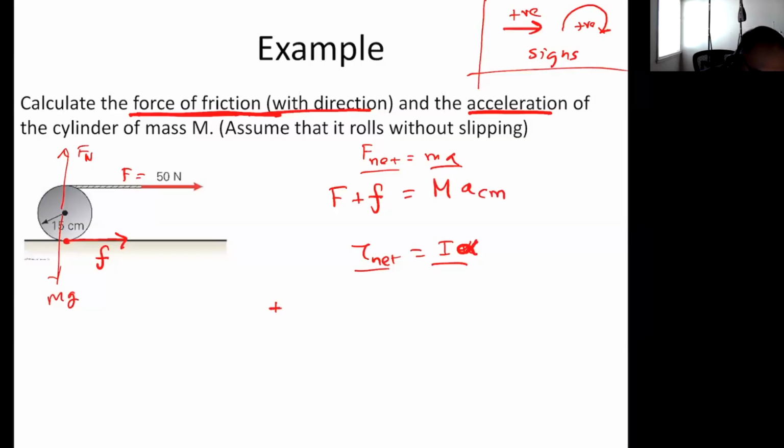Let's take the radius of the wheel to be r. We're just going to do the whole thing in symbols, so instead of the 15 centimeter, we'll just take the radius to be r. So what is the torque of F going to be? We did similar things yesterday. What is the torque of F about the center?